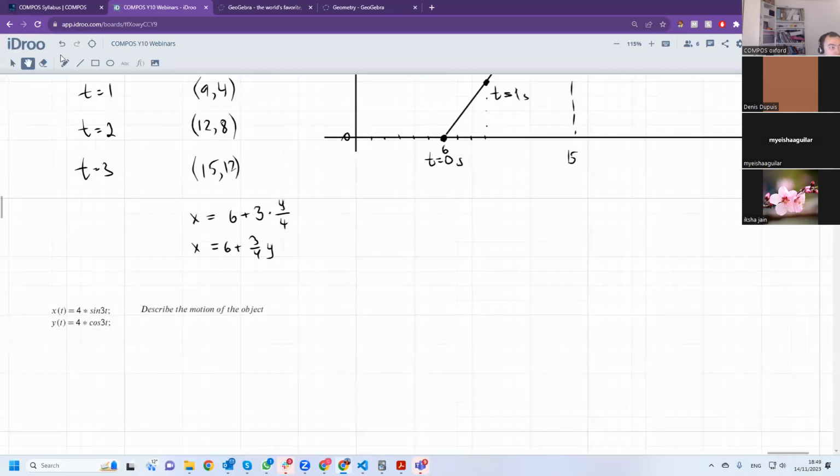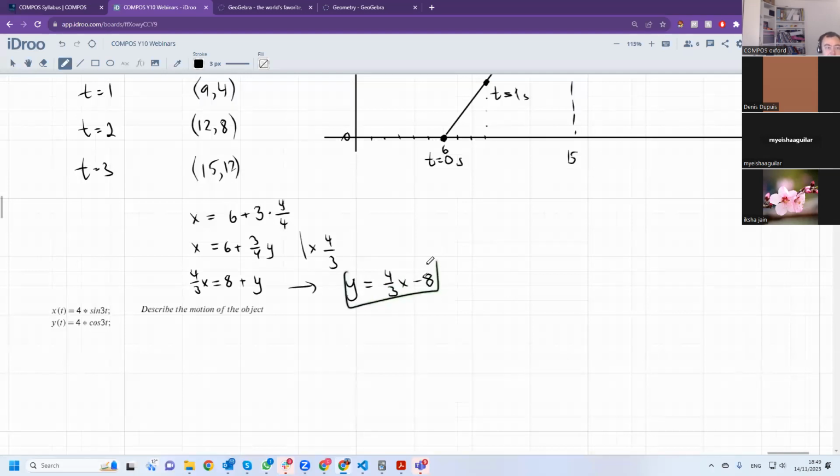And we multiply this by 4/3 to make y the subject. So 4/3 x equals 6 multiplied by 4/3, which is 8, plus y. So then we have y equals 4/3 x minus 8.